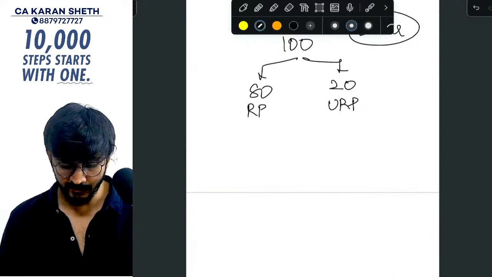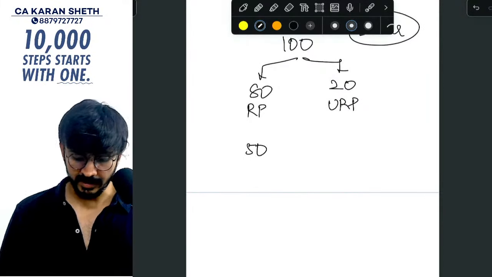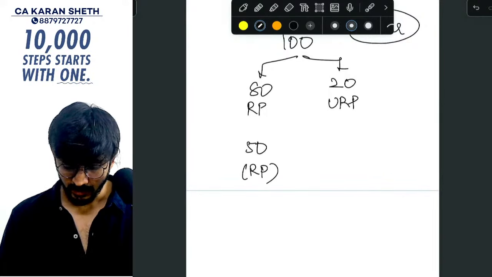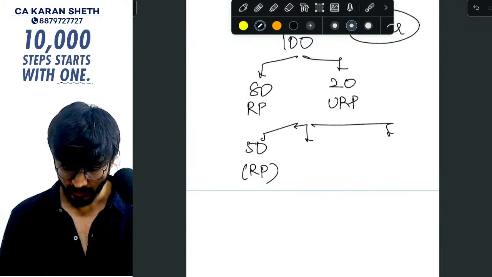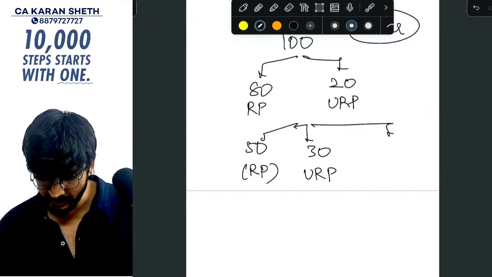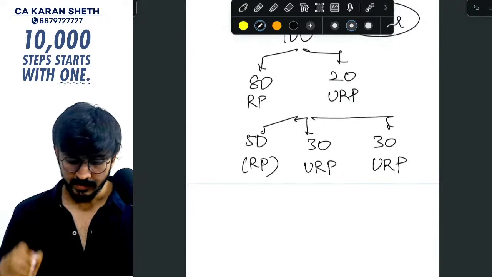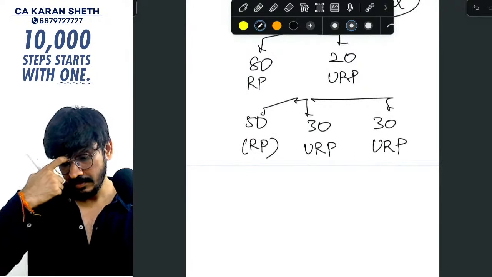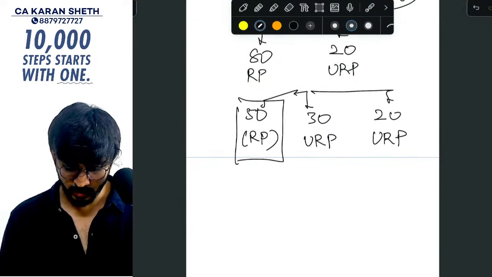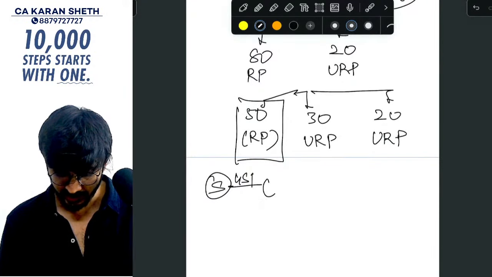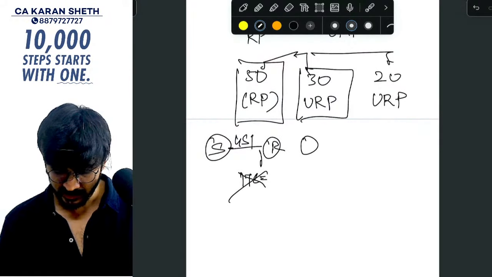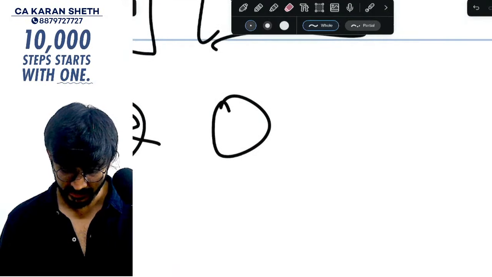So let's say, for example, if you land up purchasing only 50 from registered, 30 from unregistered, right? Then in that case, understand one thing. I'm so sorry, this will be 20. Here the supplier is only charging GST to the recipient, no ITC. Here what will happen is, understand, the supplier is unregistered.